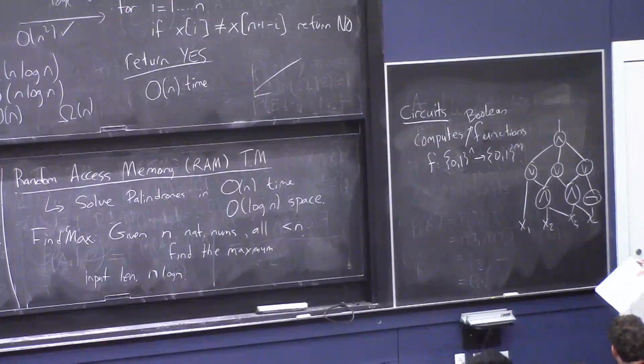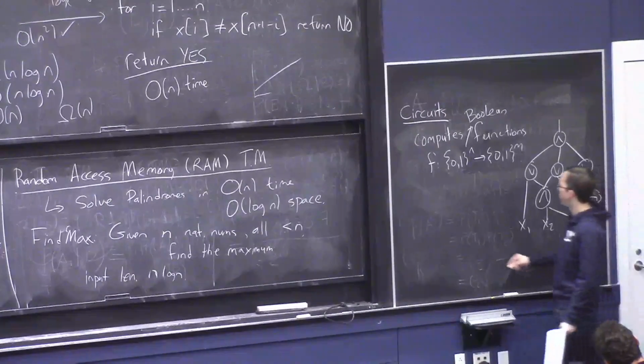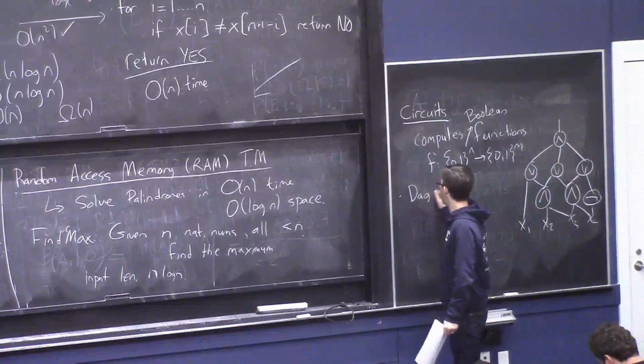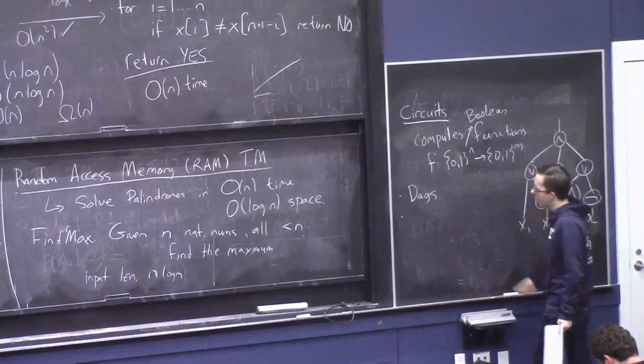So let me say a few definitional things about circuits, just to make sure we're on the same page. These are DAGs, directed acyclic graphs, and the nodes are called gates.